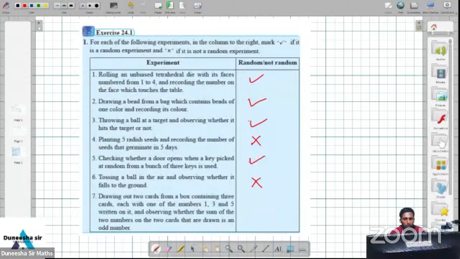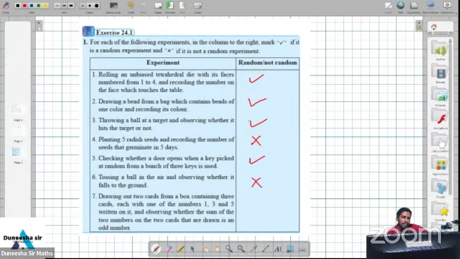Yes, it should be an odd number. If we draw 1 and 3, the sum is 4. 1 and 5, the sum is 6. 3 and 5, the sum is 8.